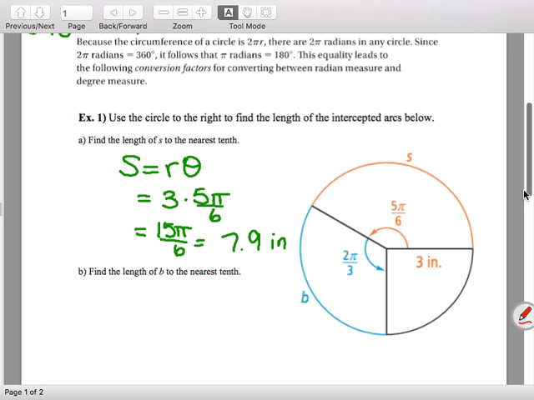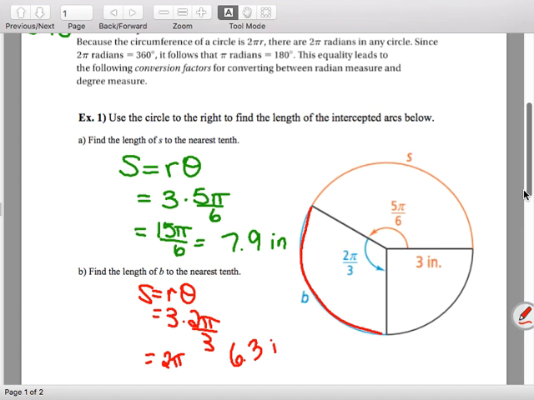All right, letter B. If I want to find arc length B, it's S equals r theta. The radius is still 3, but now my angle is 2 pi over 3. Well, the 3's can cancel. I get 2 pi, to the nearest 10th that's 6.3, and again, it's inches.